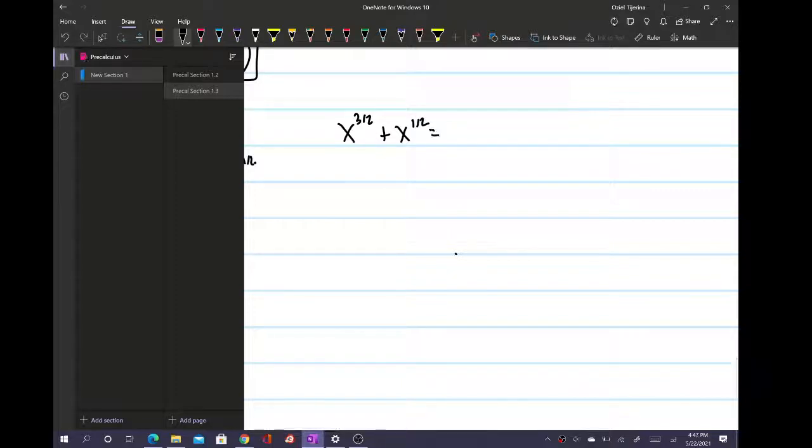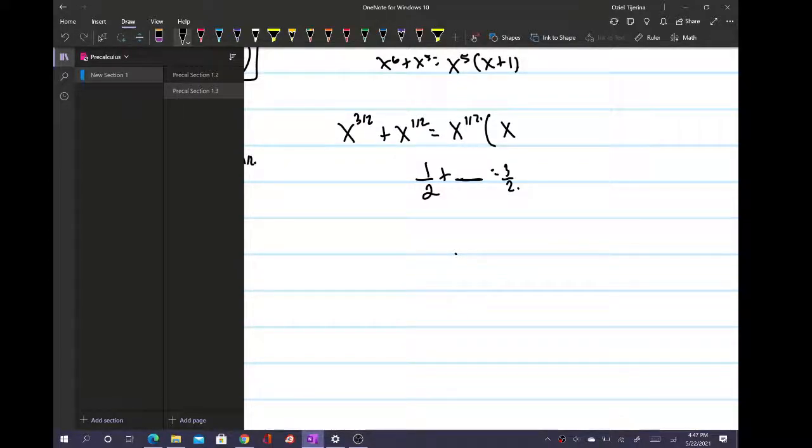If we want to factor this, you always go for the lowest term. You want to say x to the 1/2. It's like if I say x to the 6th plus x to the 5th. Well, I always go with the lowest term. This is just x to the 5th times x plus 1, right? Similarly, I look at the lowest term. I say x to the 1/2 times x, and then I ask what's 1/2 plus something that will give me 3/2?